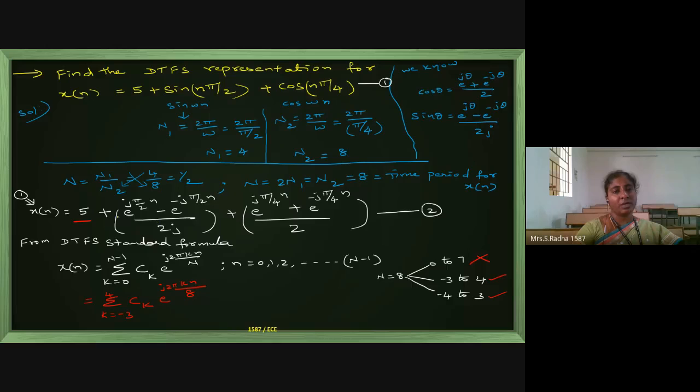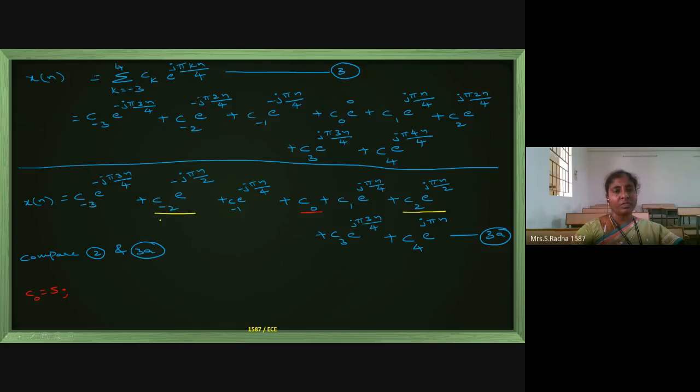What is the coefficient? 1 by 2j, minus 1 by 2j. Power is positive means 1 by 2j. E power negative means minus 1 by 2j. So here e power is negative, so c minus 2, I am getting minus 1 by 2j, and then c 2, power is positive, so this is 1 by 2j. This I got by comparison.